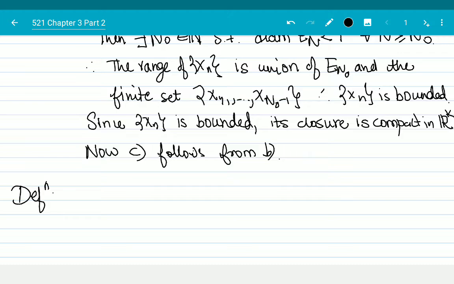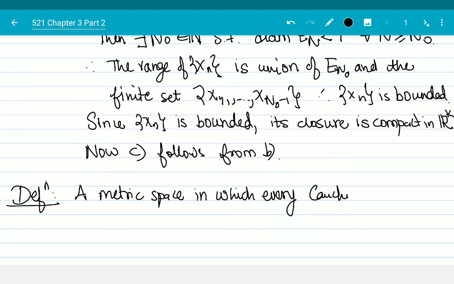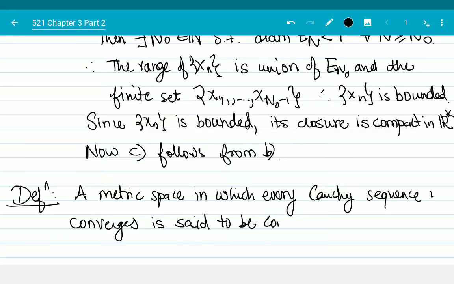Definition: a metric space in which every Cauchy sequence converges is said to be complete.